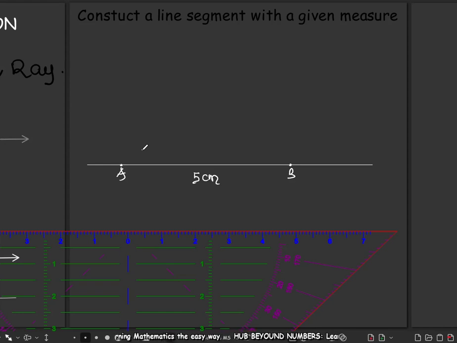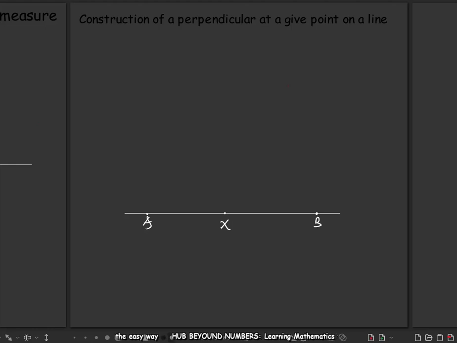Now with that said, let's look at how we can construct a perpendicular at a given point on a line. To illustrate, this is my line segment AB. We have a point X. When we talk of perpendicular, a line is said to be perpendicular to the other if they meet at an angle of 90 degrees.